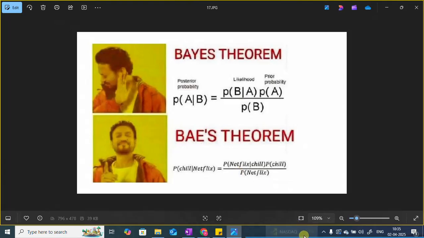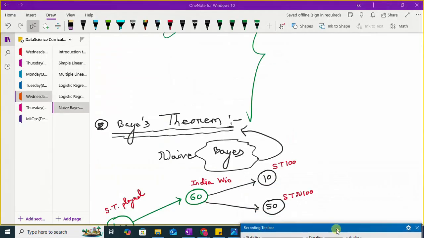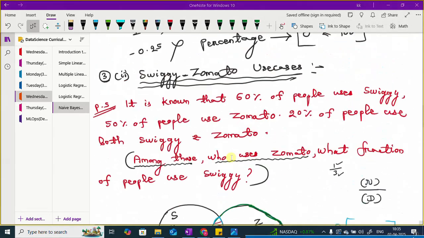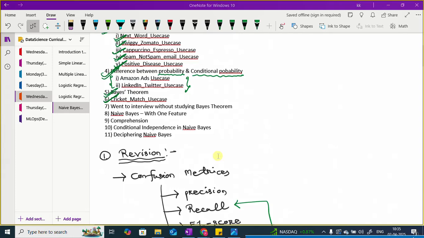Now let's come back to my whiteboard. Let's see what is present next. Okay, so we have covered what will happen if we enter an interview without studying Bayes theorem. Now we are going to enter Naive Bayes with one feature.